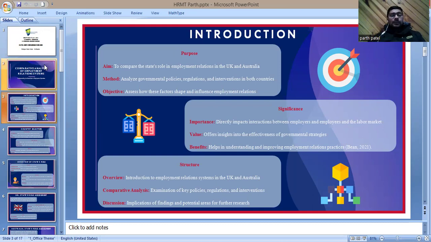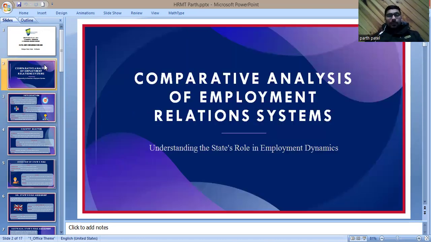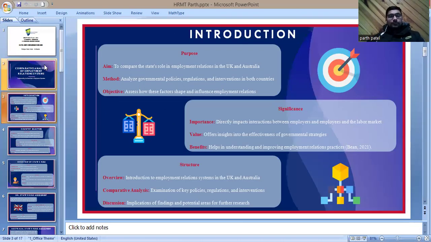They will examine the different regulation policies and interventions of both countries, and as an objective, they find out some factors such as influence on the employment relations, supporting the relations, and many more.